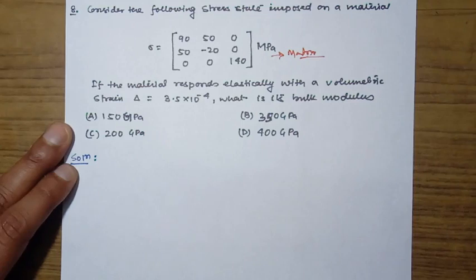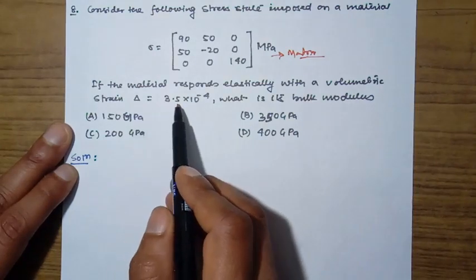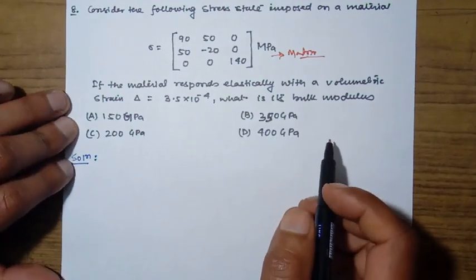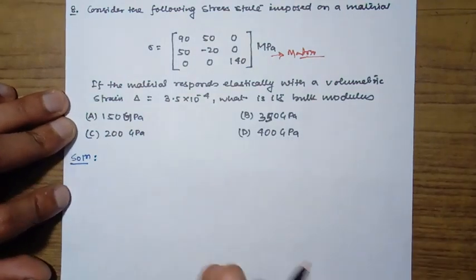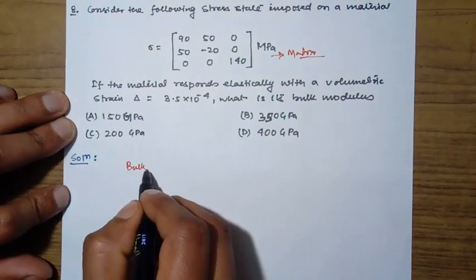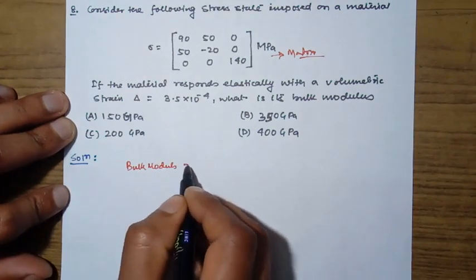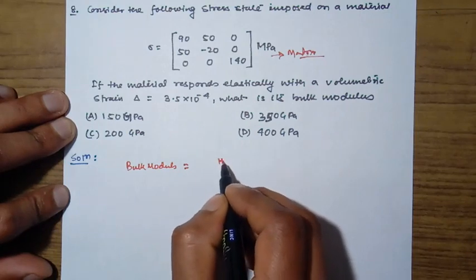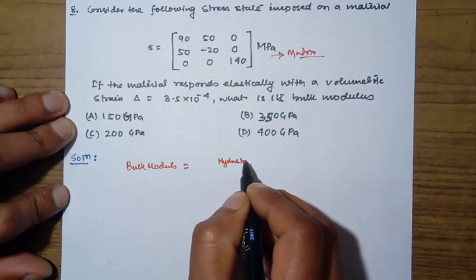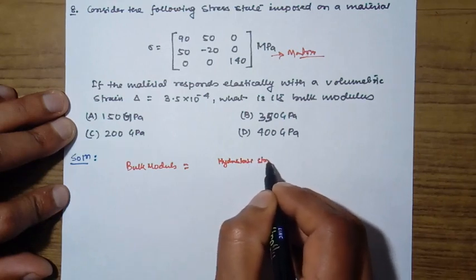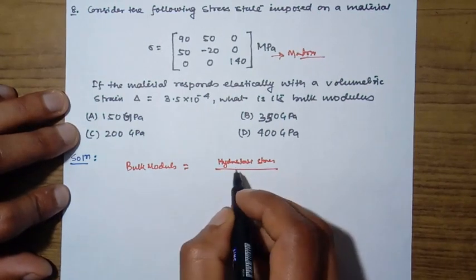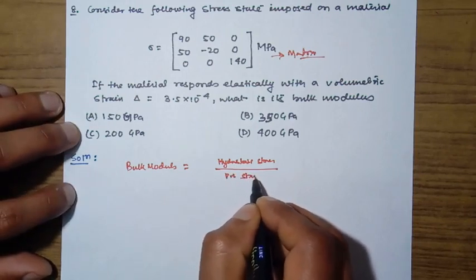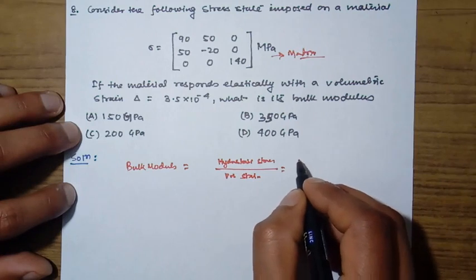So we know that bulk modulus is given as hydrostatic stress divided by the volumetric strain, or we say the mean stress divided by the volumetric strain.